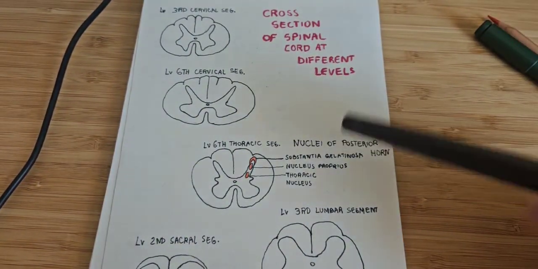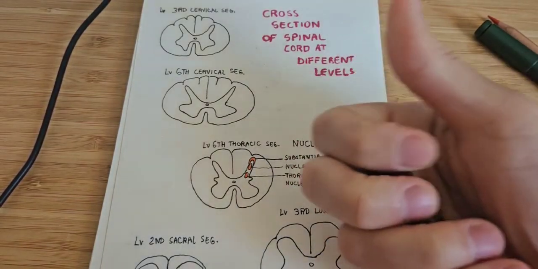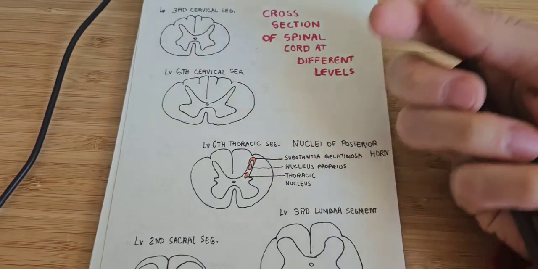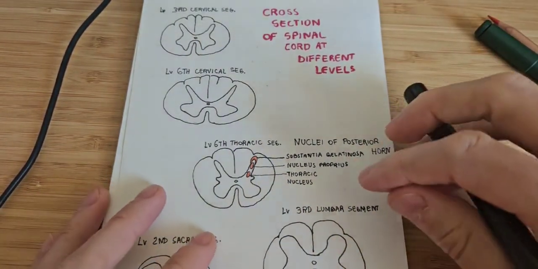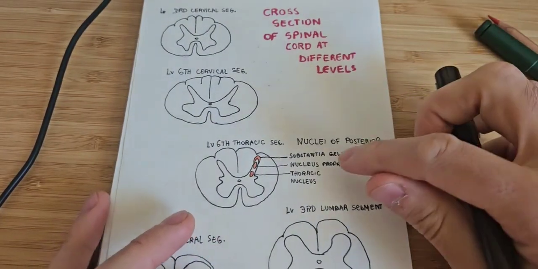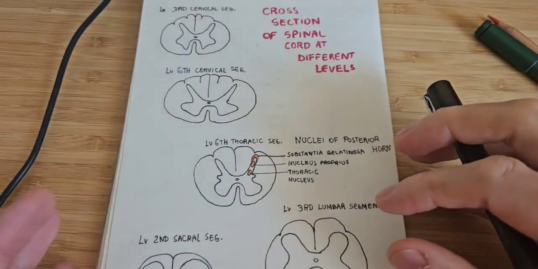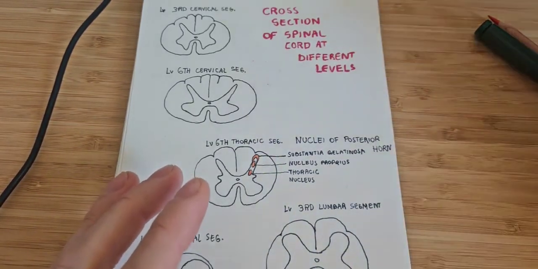Examples of conditions that might affect the nucleus proprius: diabetic neuropathy, which is chronic hyperglycemia that usually damages the sensory neurons in the nucleus proprius, and this usually results in peripheral neuropathy, which will cause sensory loss.